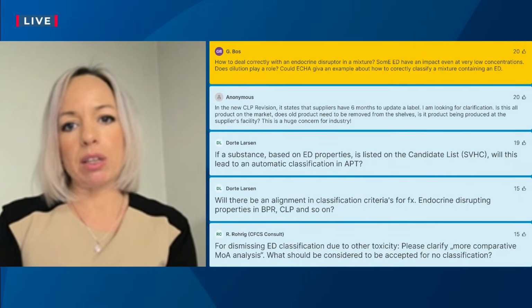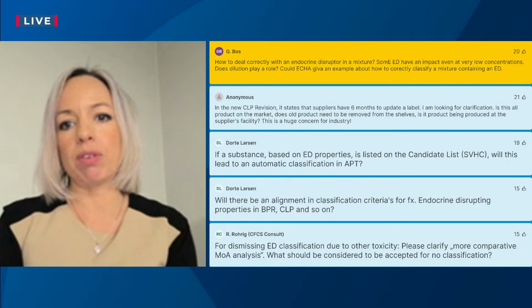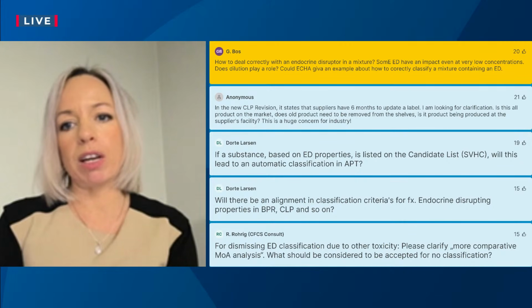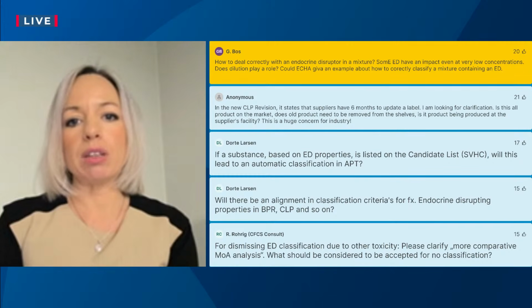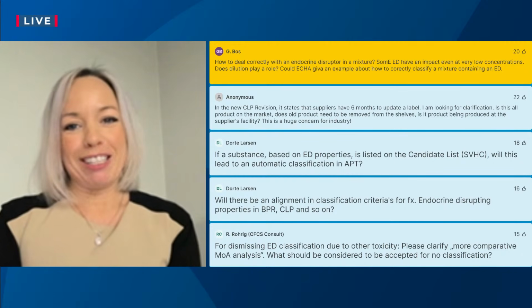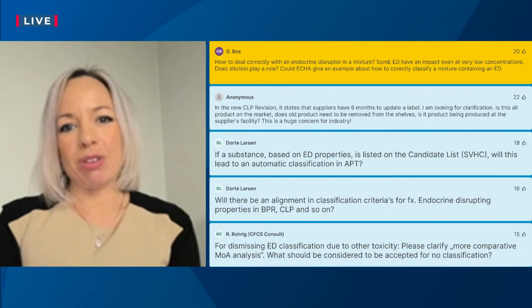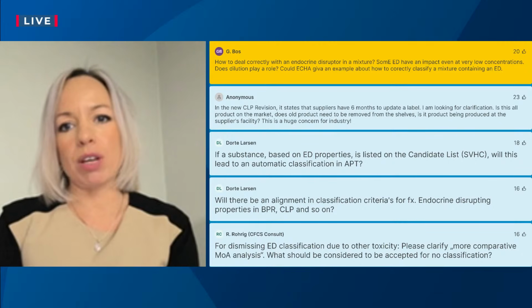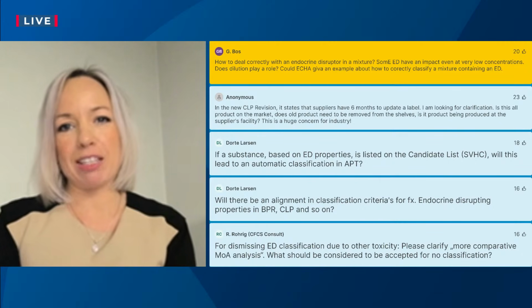And about this dilution, when diluting a mixture even more, then you may apply this bridging principle dilution, but you should consider what is the final concentration of the ED constituent in the mixture, and that gives the best estimate for a proper classification. And all of this and much more is explained in our new guidance, and we can think about also providing examples for mixture classification. Thank you.